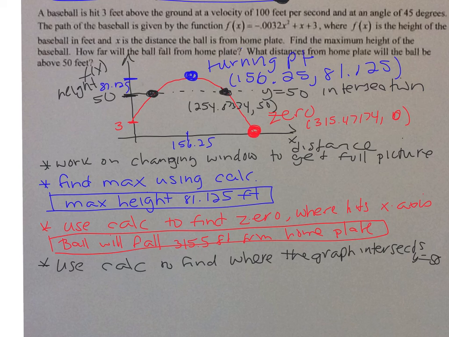So do second calc, intersect. Bring the cursor closer to this left point. Hit enter, enter, enter, and you get 57.62664, comma 50. Okay, so let's write that down.